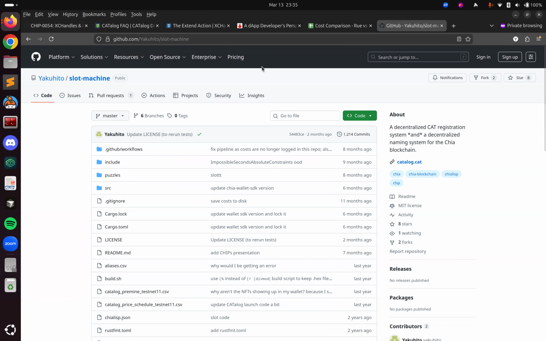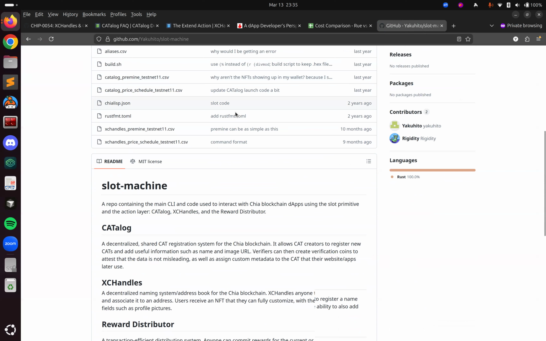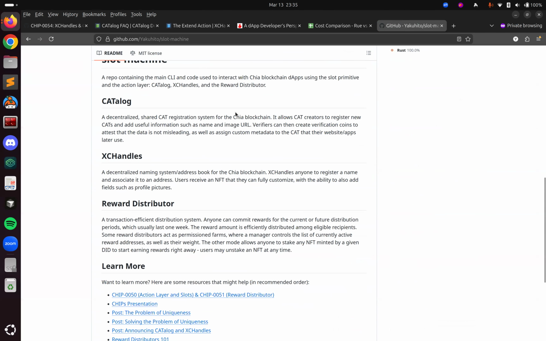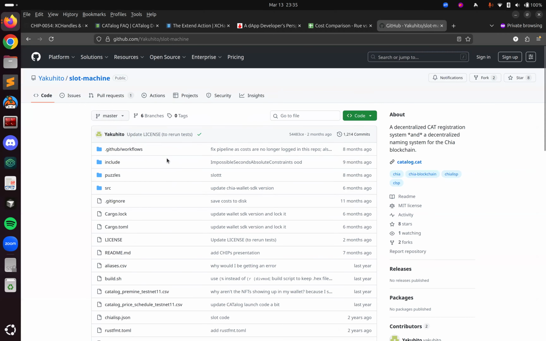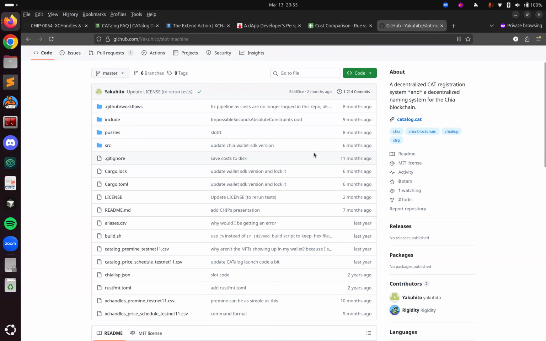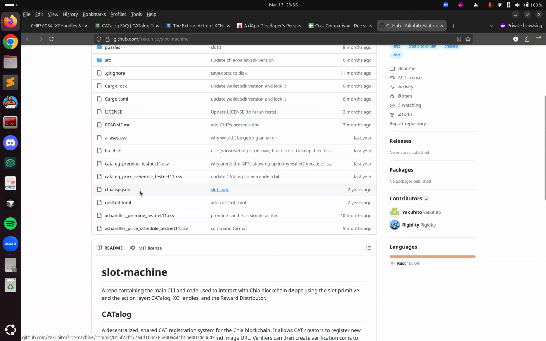It's an incognito tab. But this repository contains the code, but also drivers and a CLI for both CATalog and XCHandles.